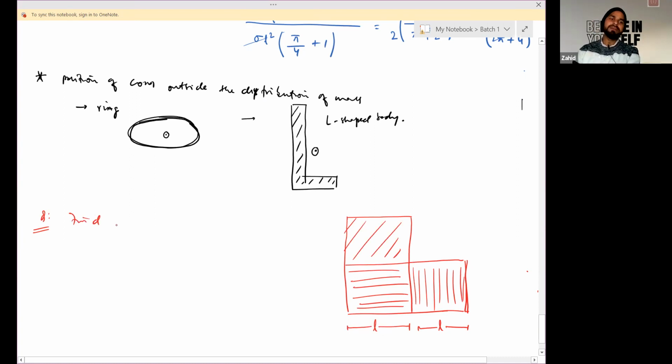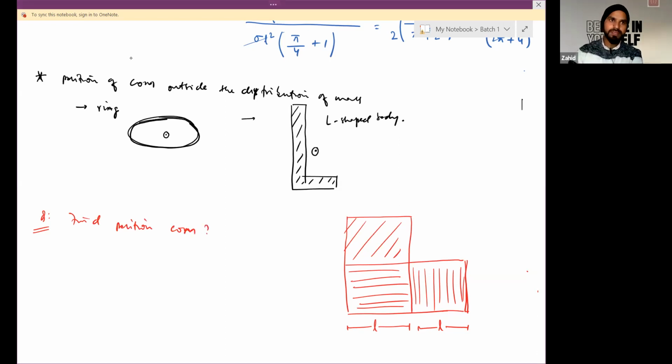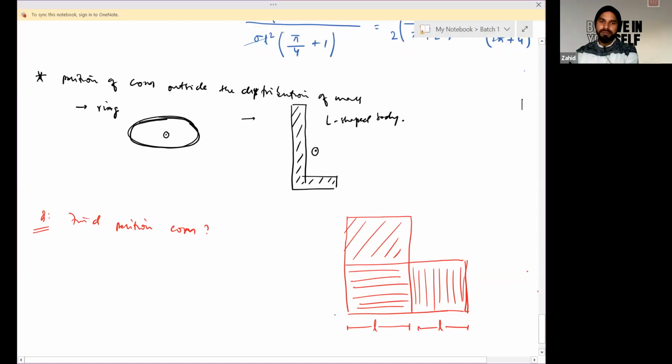You have to find the position of center of mass. So first try to define a coordinate axis. Let's say it will be like this. Using the coordinate axis, first try to define the center of mass of each individual body. As we know, a square is a symmetrical body, so its center of mass would lie at its midpoint. So first, it will be at this point. For second, it will be at this point. And for third, it will be at this point.